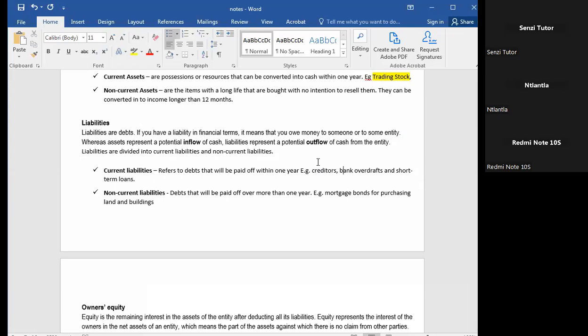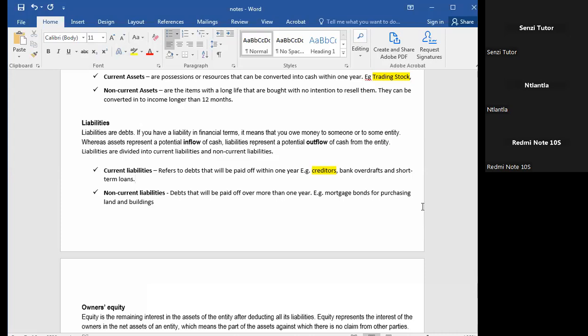Those people who have the potential to provide us with goods and services on credit, we call them creditors. Also a bank overdraft can be paid within 1 year. Therefore, it belongs to the current liabilities.